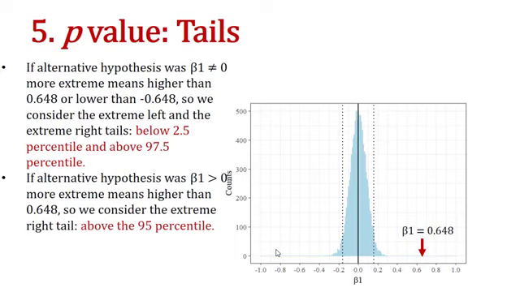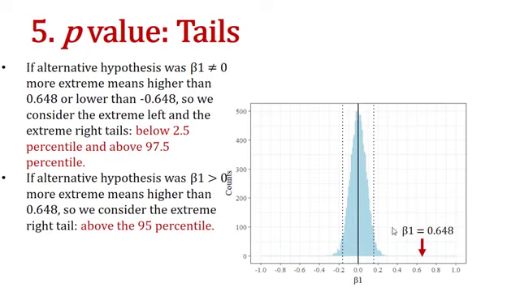Now, if the alternative hypothesis was directional, let's say greater than 0, then we look at values greater than 0.648, and we don't look at the left of the distribution.